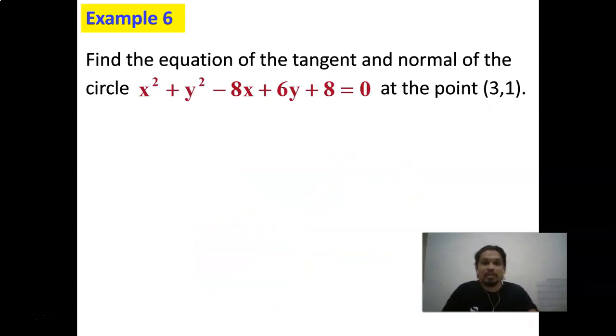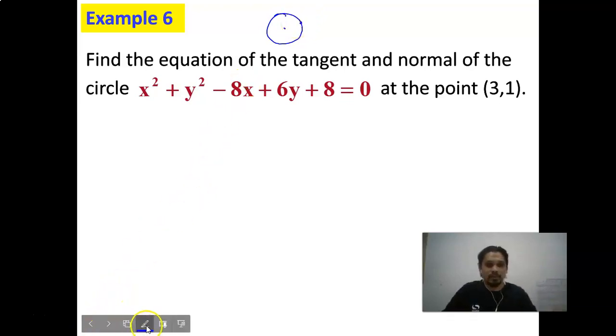Find the equation of tangent and normal of the circle at the point 3, 1. Okay, class, just imagine there is a circle here and there is a center. Find the equation of tangent and normal at the point 3, 1. Imagine there is a point 3, 1 here.